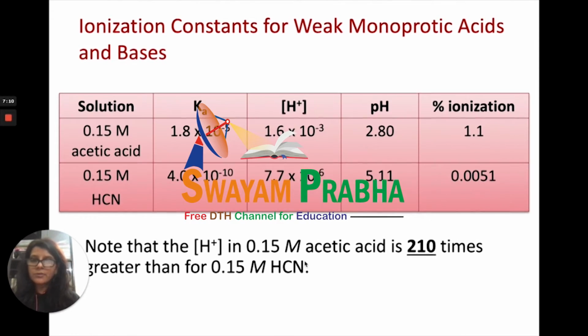So what does it tell you? That the H+ ions in 0.15 molar acetic acid is 210 times greater than that for 0.15 molar HCl. So understand that for weak monoprotic acids, the H+ ions in the solution will depend so much on the Ka value.